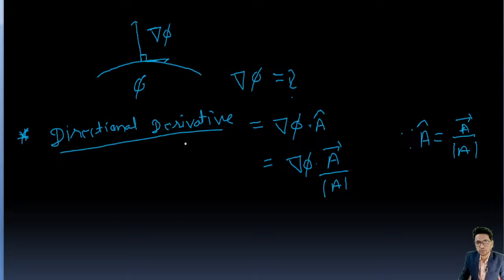So we can easily find the directional derivative if phi and a are given: it is gradient of phi dot a cap, or gradient of phi dot vector a upon mod a. Okay, so now the equation of the plane, this I'm going to do on the next page.